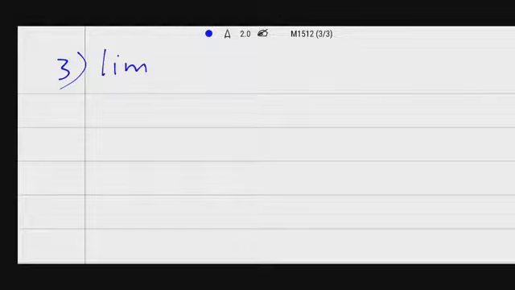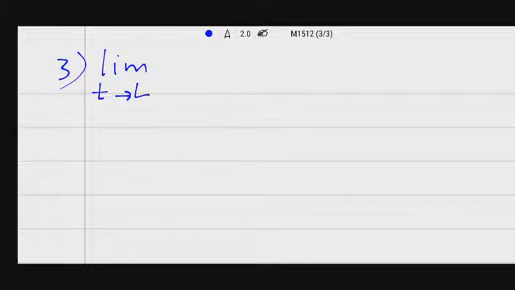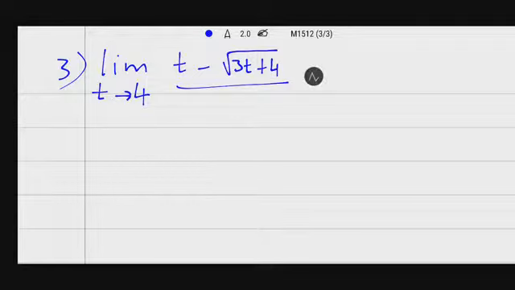You have the limit as t goes to, oh, I'm a 0 guy now. I'm trying to say as t goes to 4, and then you have t minus root of 3t plus 4, and then you have 4 minus t.